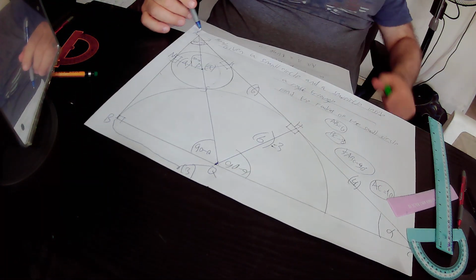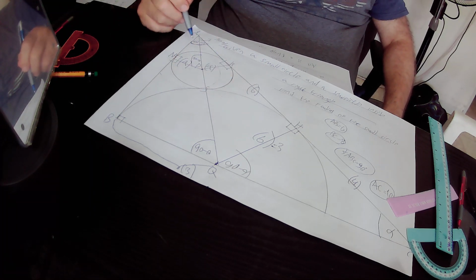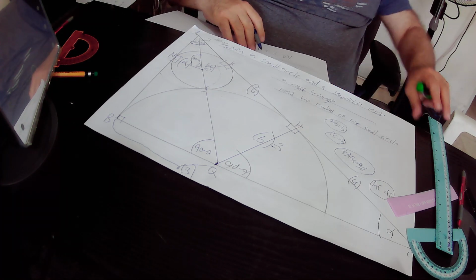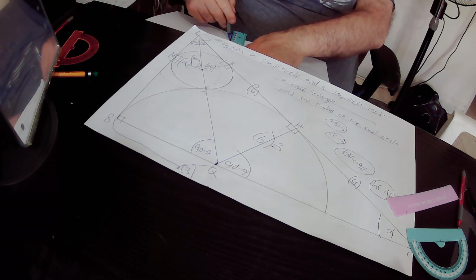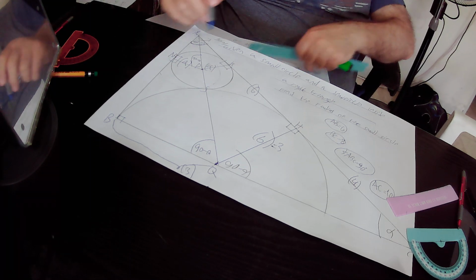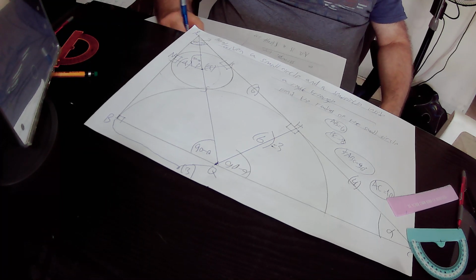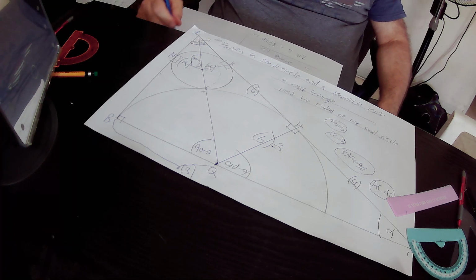In the next step, we will prove that the big right triangle ABQ is similar to the small right triangle ANP.